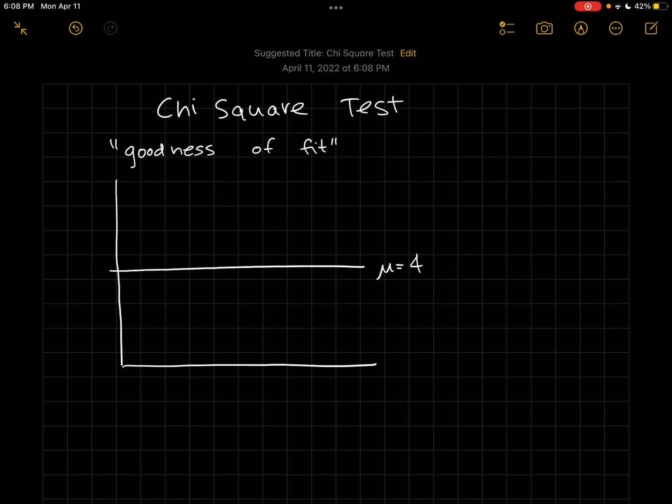Now, when we're doing this in genetics, we're actually not going to have a straight line here. We're going to have different expected values for each of our categories, right? So we'll have an expected value for our individuals that are like this, and our individuals that are like this, and like this, and like this.